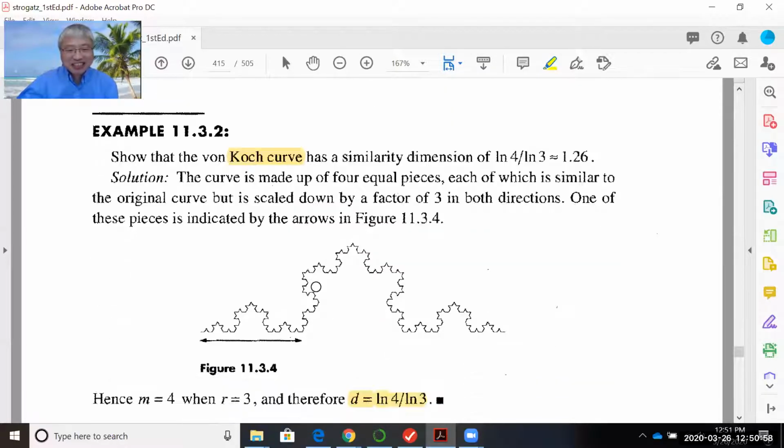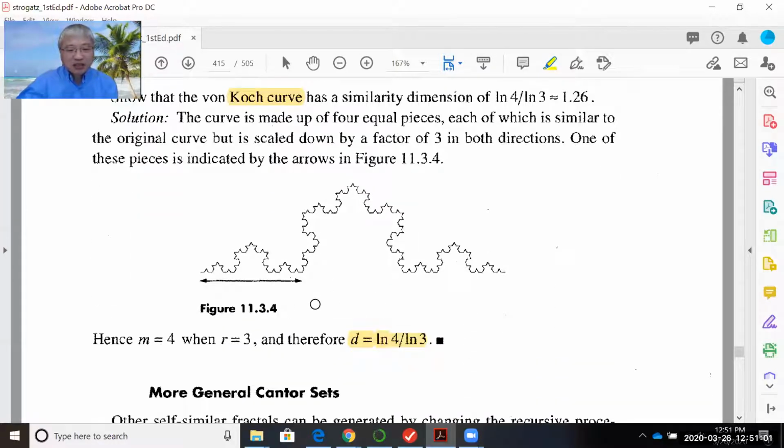Koch curve. So this object, right? We reduce the scale by a factor of 3, and then we get 4 copies of itself. So therefore the dimension is log 4 over log 3, and this dimension is slightly bigger than 1.